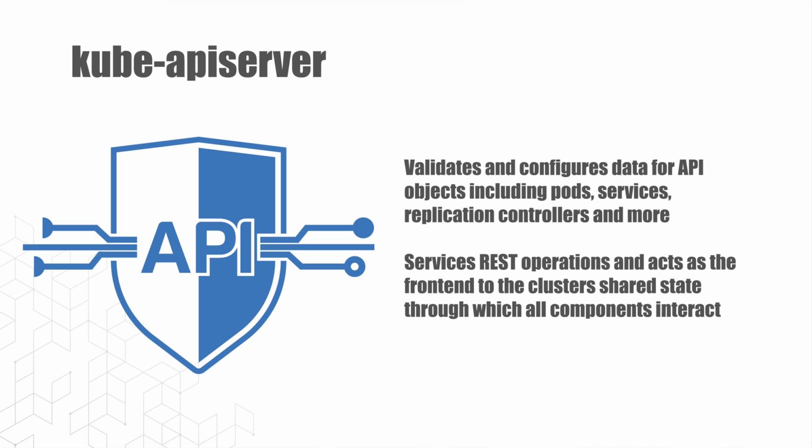The kube API server validates and configures data for API objects, including pods, services, replication controllers, and more. It services REST operations and acts as the front end to the cluster's shared state through which all components interact.